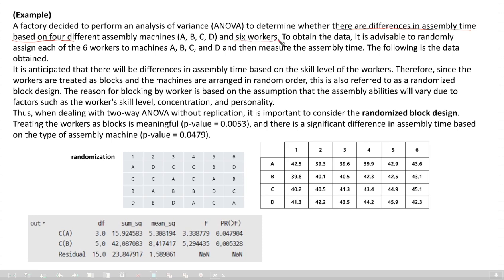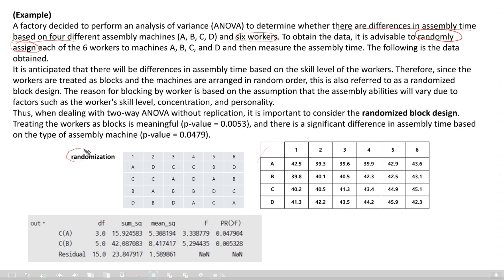And there are six workers, six persons. To obtain the data, it is advisable to randomly assign each of the six workers to machines A, B, C, D, and then measure the assembly time. The following is the data obtained.